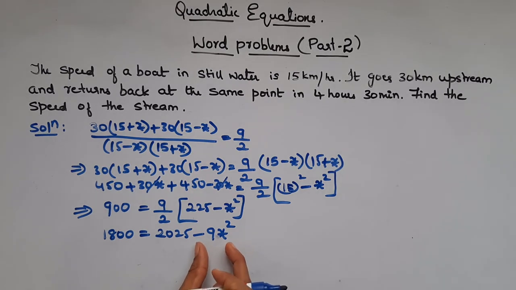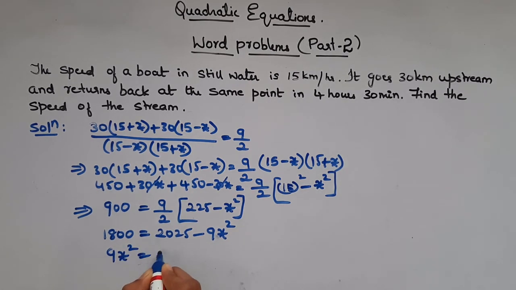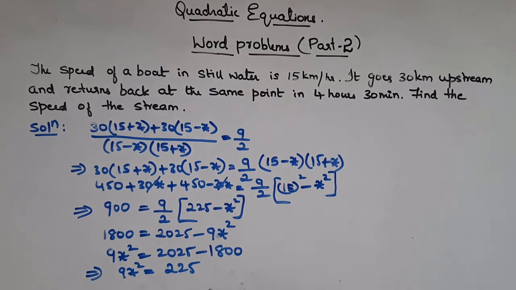Now let's bring this minus 9x square to the left hand side, that will be plus 9x square, which is equal to 2025 minus 1800, which implies 9x square is equal to 225. So this implies x square is equal to 225 by 9, right?